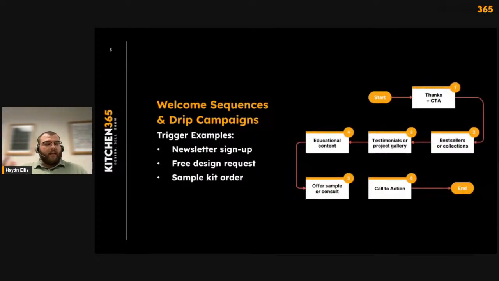in this particular high level example flow, is the bestsellers or collections, right? So there we're calling out a few specific products that are the most relevant, let's say, most popular, whatever you want that to be.